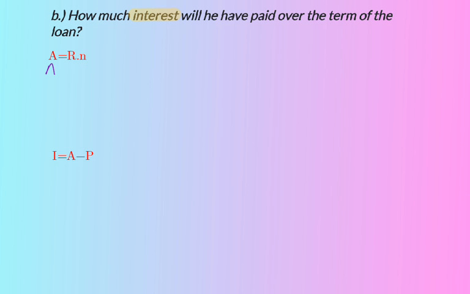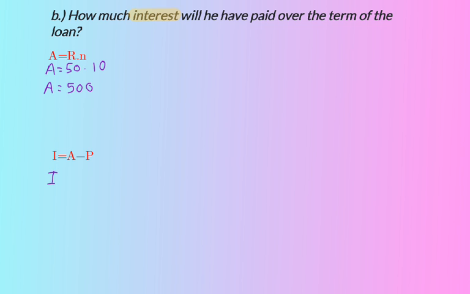So, A equals R, that is 50, times n, that is 10. So A equals 500. Now if we think practically, this is the amount including the rate of interest. Our present value, that is P, is the amount excluding the rate of interest. So if we subtract P from A, then we can get our I, that is the interest.